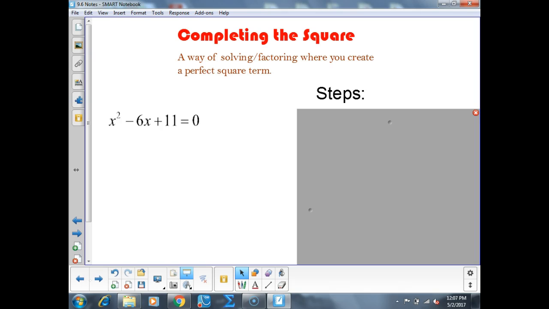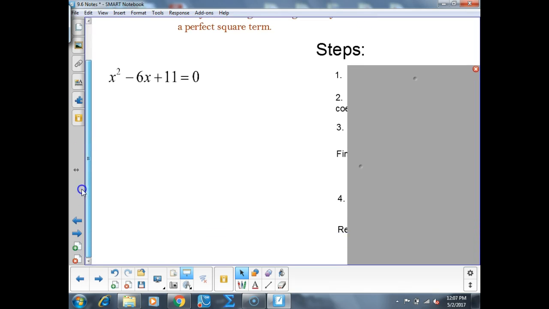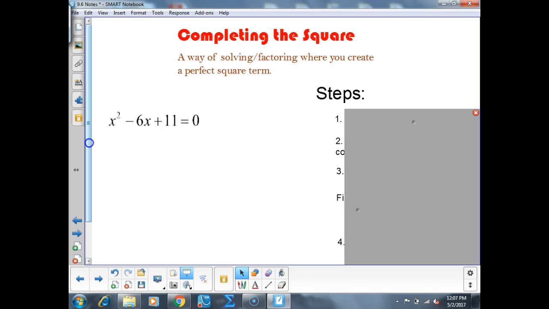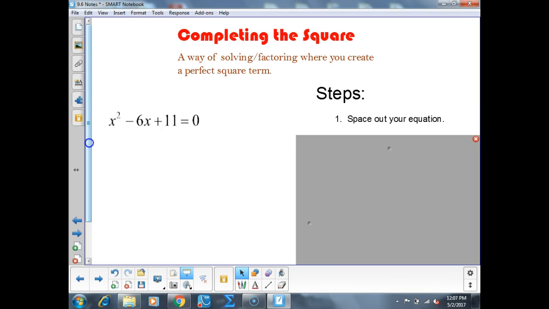So there are four or five steps or so to go along with it. The first step is you are going to space out your equation. So x squared minus 6x plus 11 equals 0.